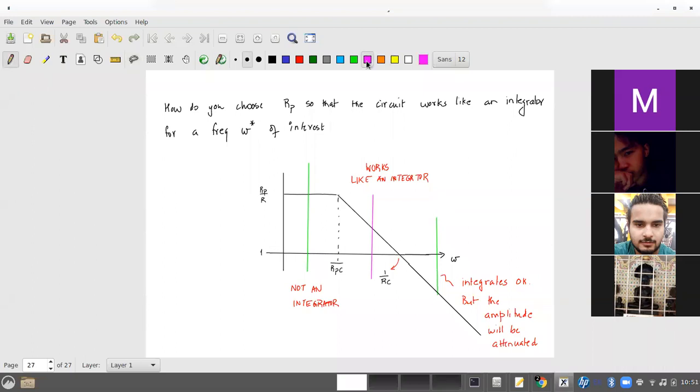So you should work in this frequency range. Where would you put your omega? You would want 1 by RPC to be less than the omega star of interest, less than 1 by RC. Only for these frequencies will the circuit actually work like an integrator.